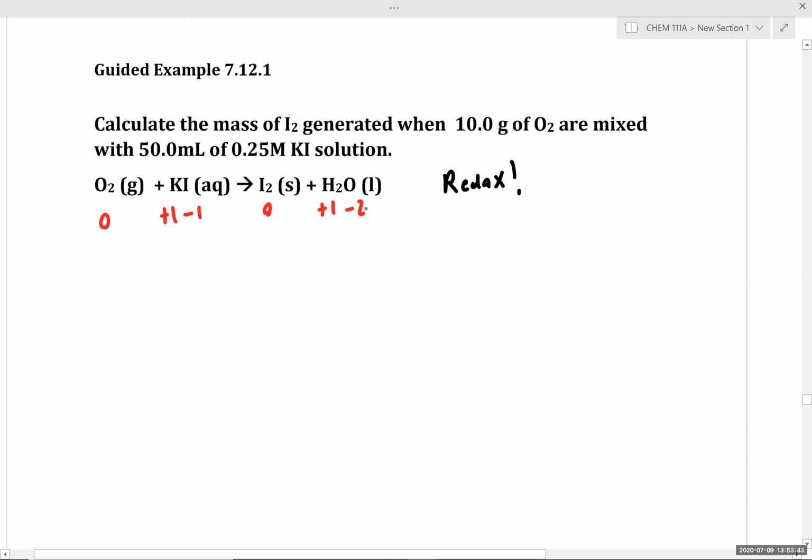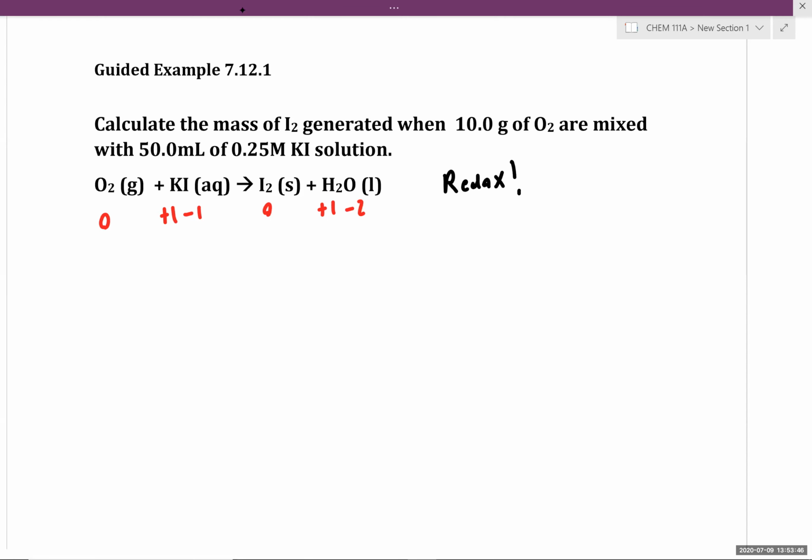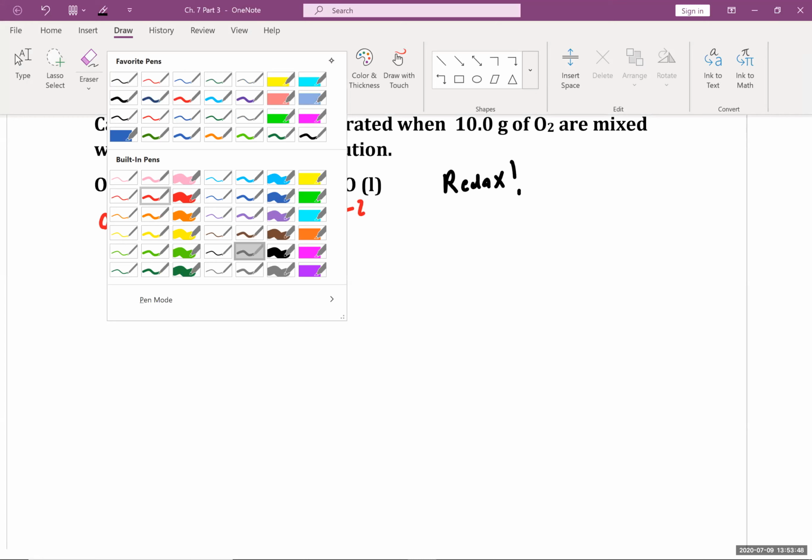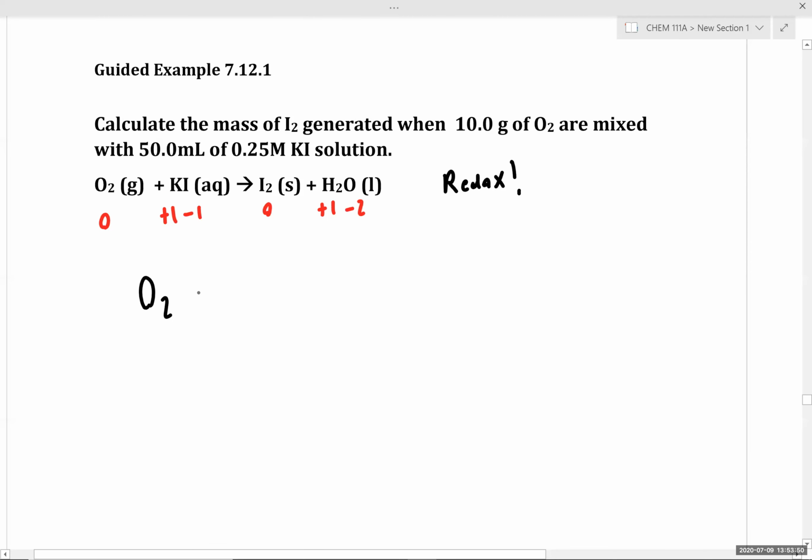All of these oxidation numbers are standard following our rules. And now let's look at what's going on with oxygen. We are going from O2 to H2O. Let's assume acidic conditions for now.